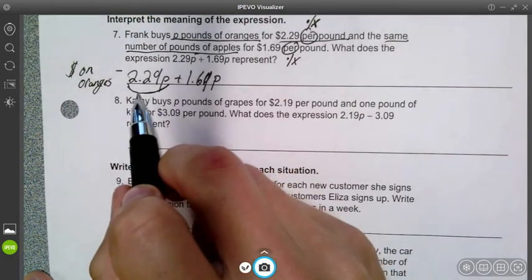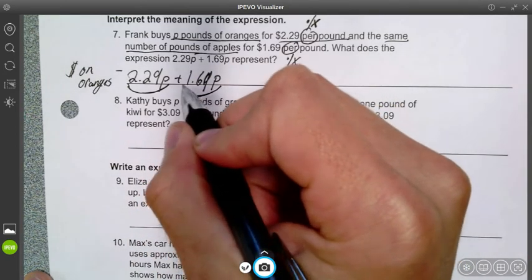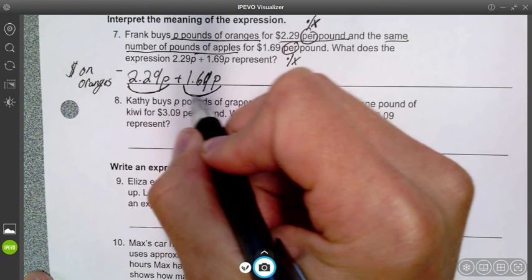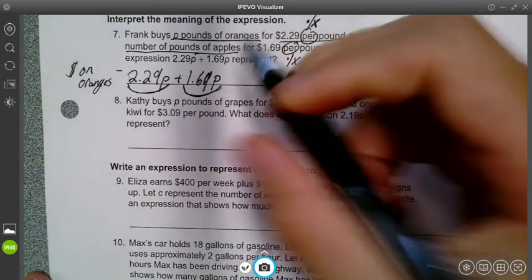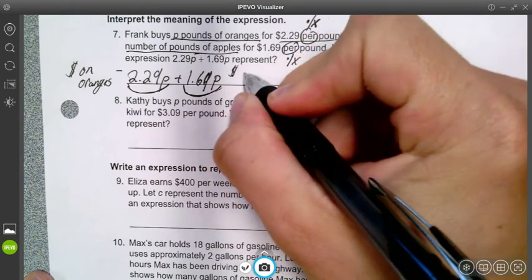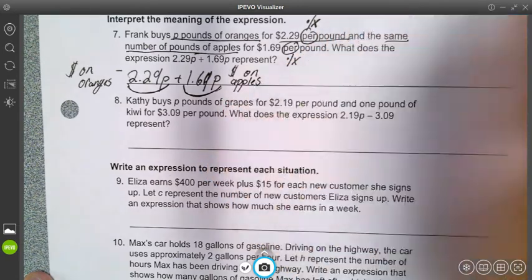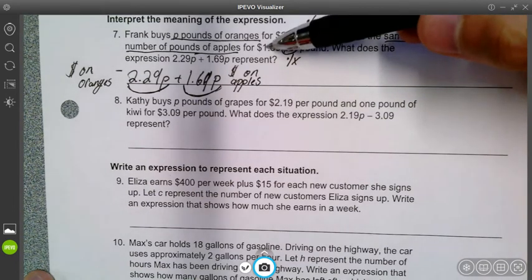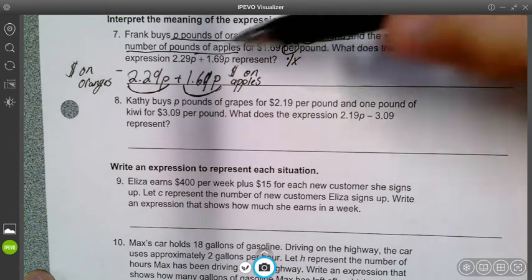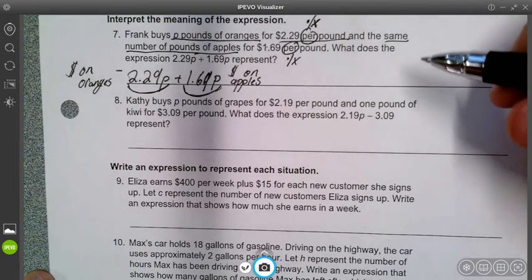Well, if this is the money on oranges, that might give us a little hint on this. And maybe you're already screaming into your computer screen nice and loud, so your parents are yelling at you, that this is now the money we spend on apples. And we can think about it the same way. I pay $1.69 each pound, and I buy P pounds. So I can just multiply those together.